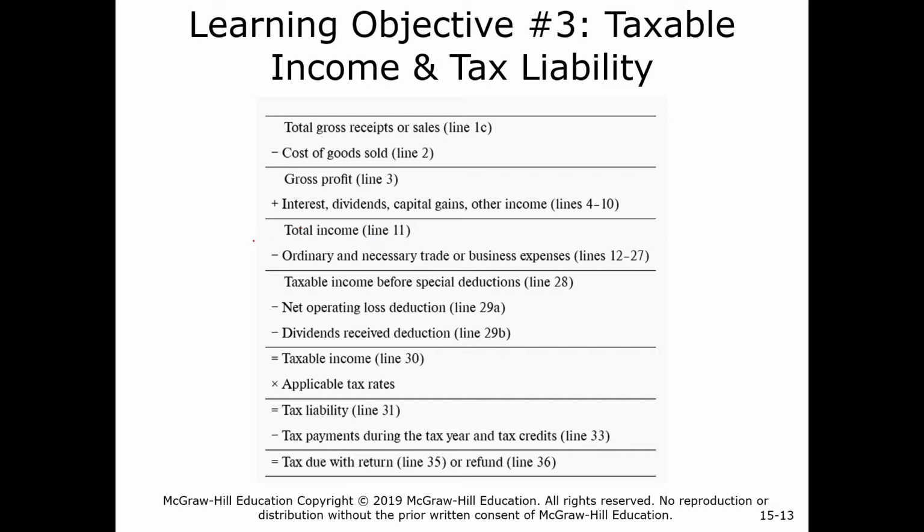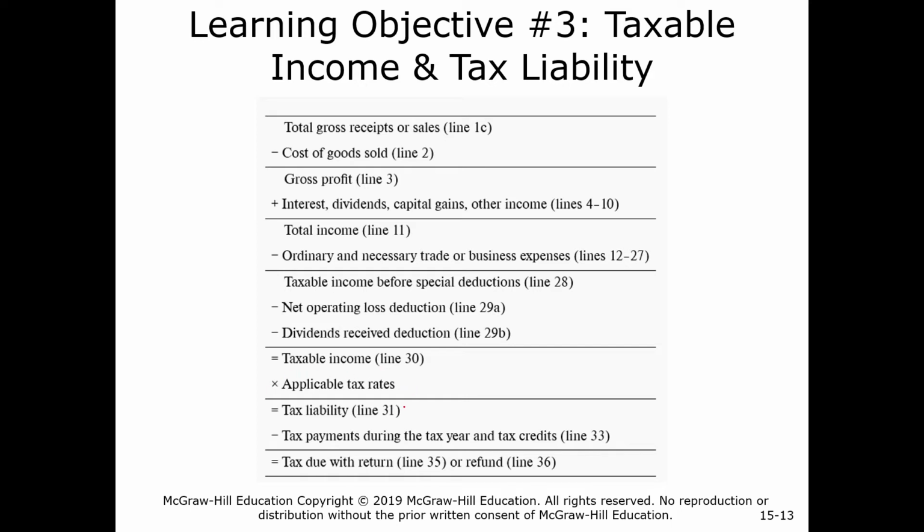Then we subtract any ordinary and necessary business expenses that are tax deductible, and that will equal our taxable income. We can also subtract any net operating losses and dividend received deductions, which we're going to cover in just a minute. And that will finally equal our taxable income.